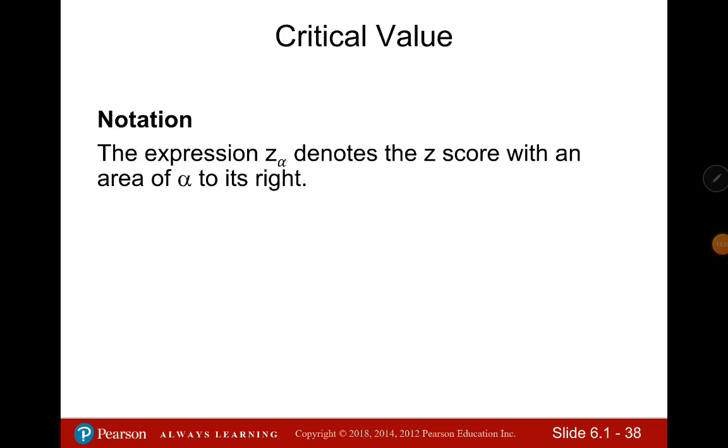So we have this C sub alpha, which means the area cumulative to the right. So I will show you this picture. What does that mean? So first, critical value is a Z-score, but this one is a special Z-score, right? The Z-score at the borderline.